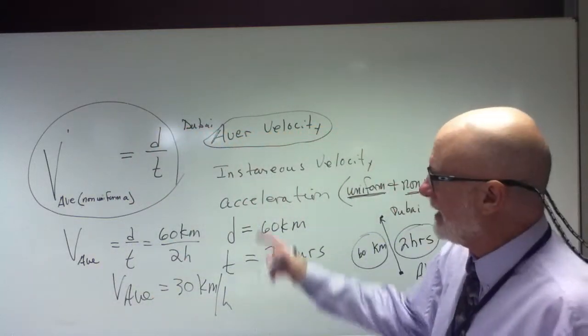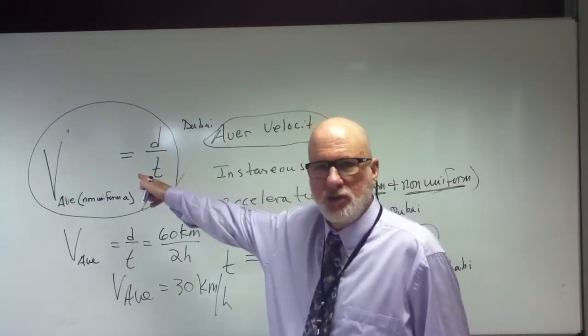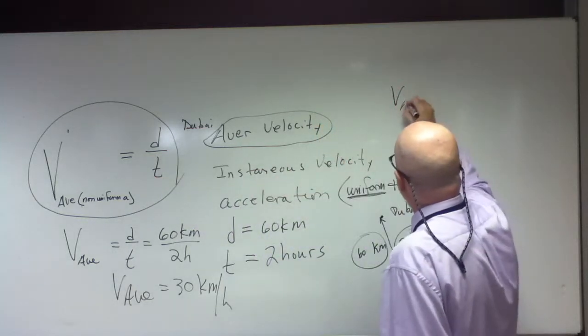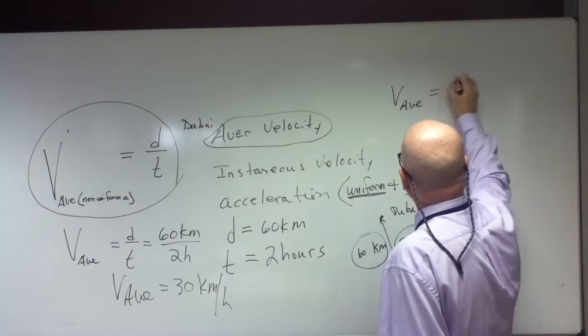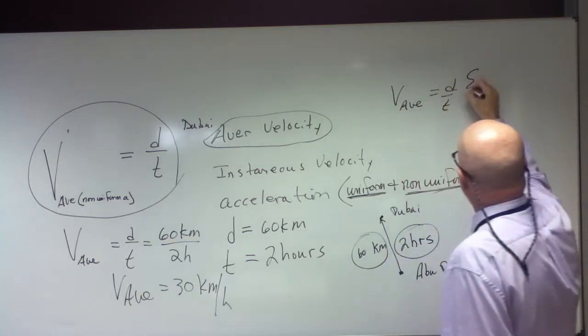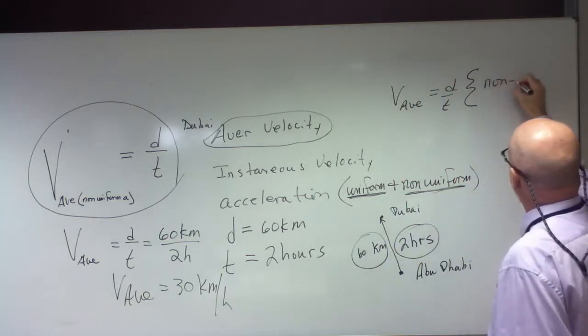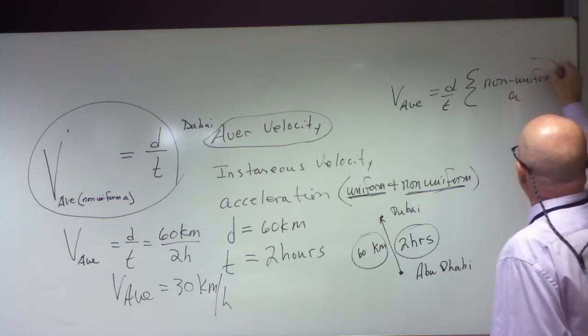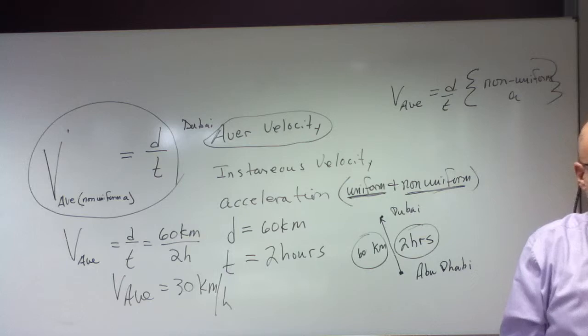That equation is for non-uniform acceleration. Average velocity equals d over t, non-uniform acceleration. Understood?